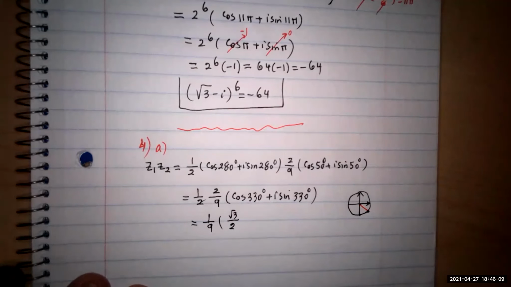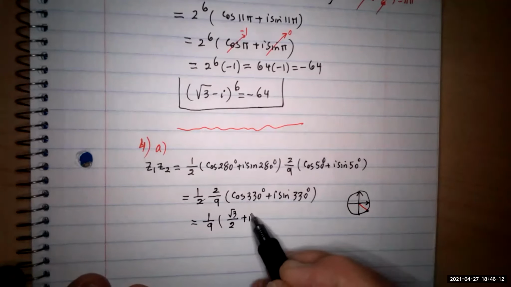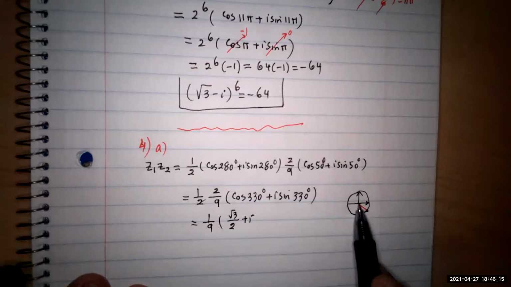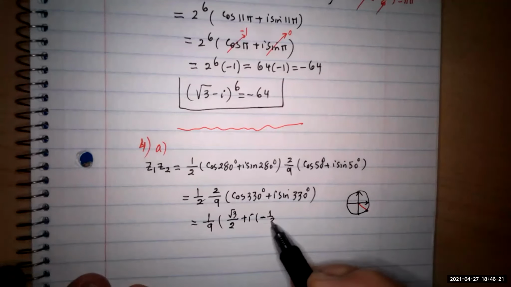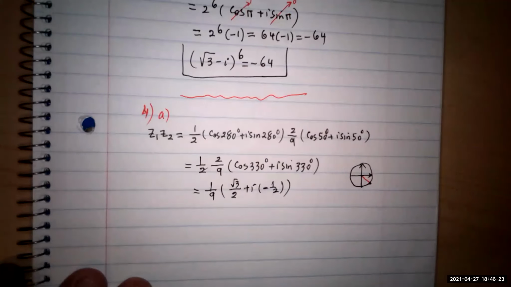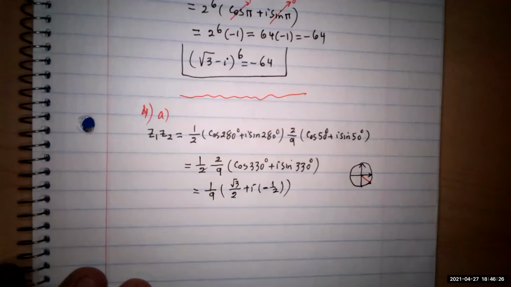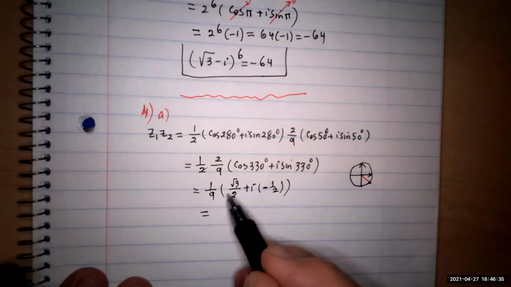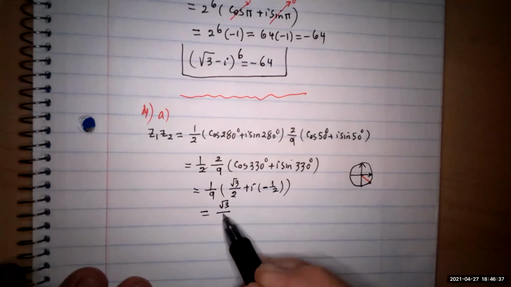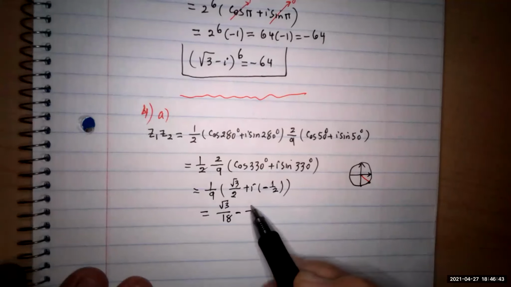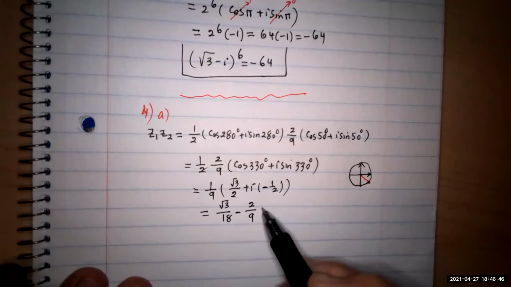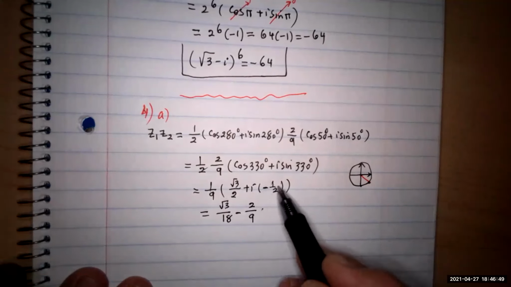Radical 3 over 2 positive, plus I times the sine of 330 degrees. The sine is negative, so it's going to be I times negative 1/2. Any questions? You can get it from the table, but you have to simplify it and write it down as a complex number. So we multiply inside.